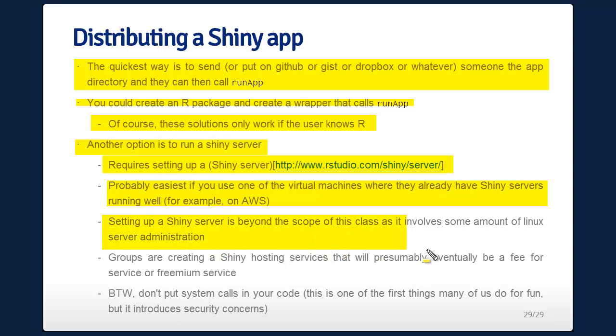So anyway, setting up a Shiny server is beyond the scope of this class, but I'll have a lecture where I go through setting one up as a kind of extra material, but it won't be on the quizzes or anything like that. The same lecture, I'll show you how to set up an RStudio server so you can run RStudio from a web browser.